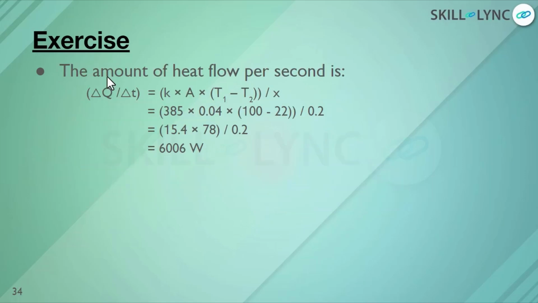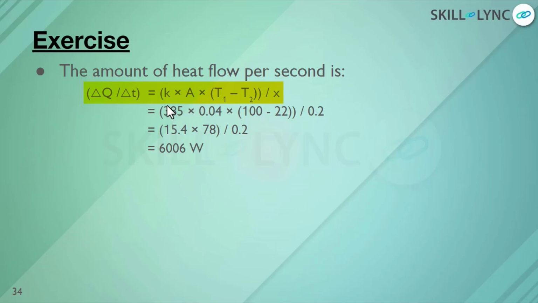As we need to know the heat flow per second, we are going to apply the formula of heat current, which is dQ/dT = K × A × (T1 − T2)/X. Here K is the thermal conductivity of the metal, A is the cross-sectional area of the material, T1 is the temperature at one end, T2 is the temperature at the other end, and X is the length of the material.